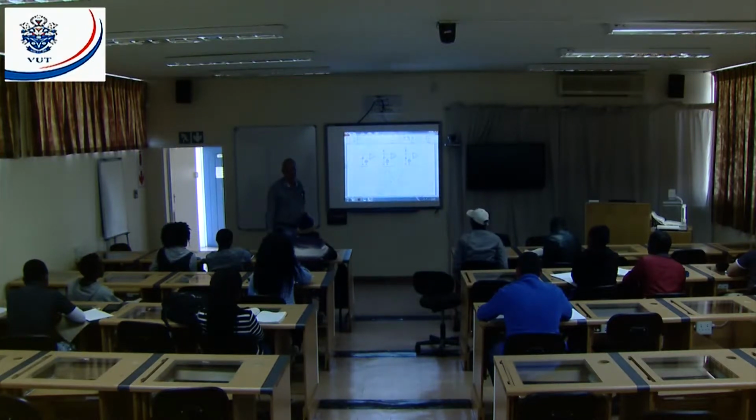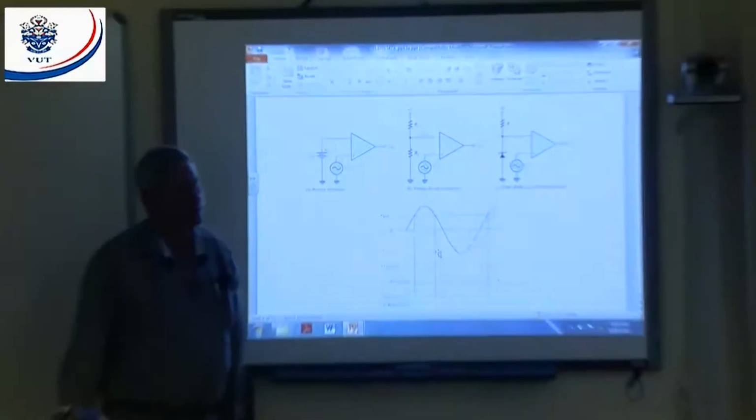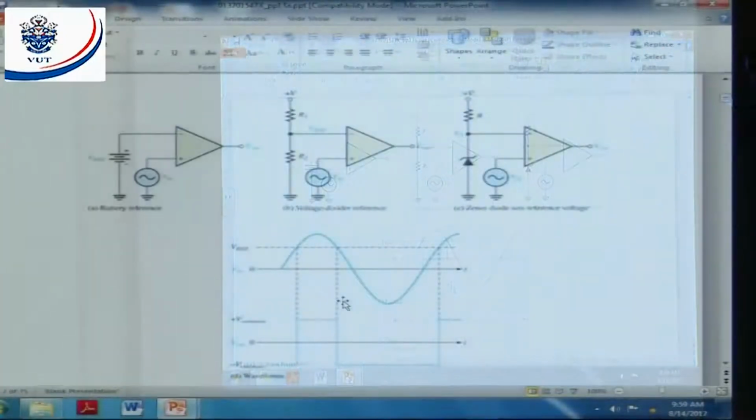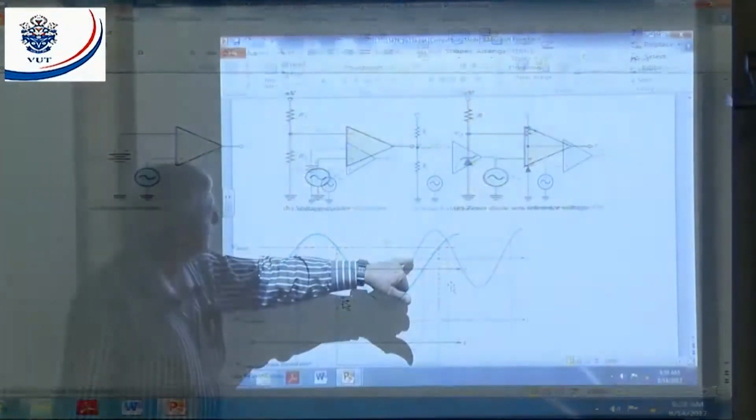Hey, you must start waking up. You S3s, you must wake up. My input signal is negative with respect to my reference. 0 volts is negative with respect to a positive voltage.